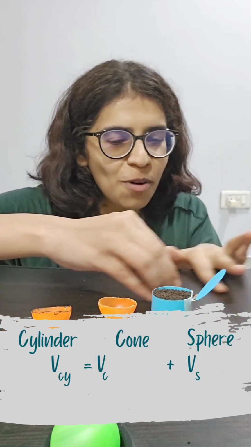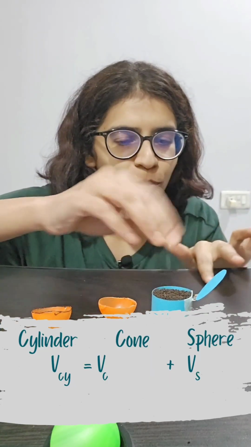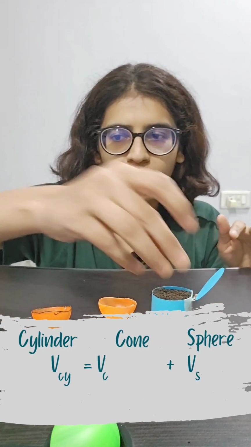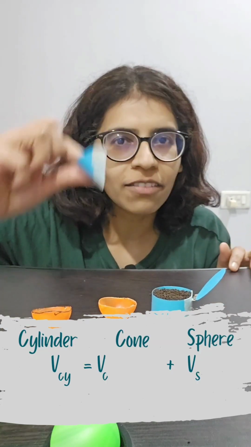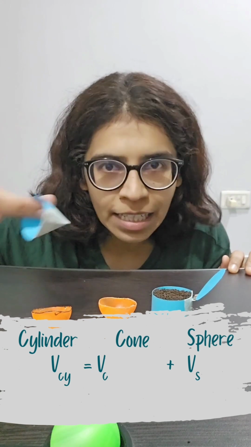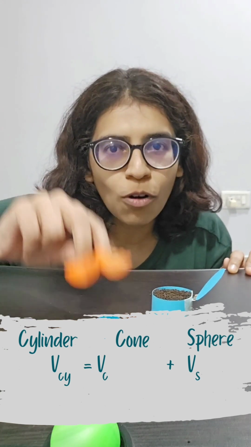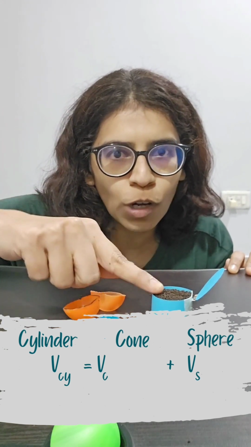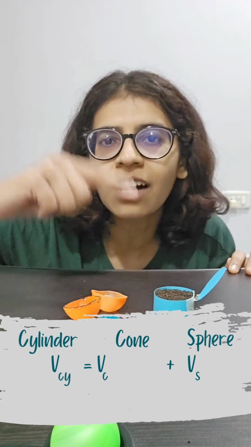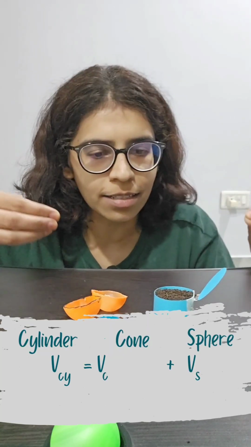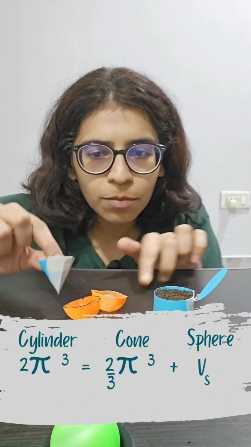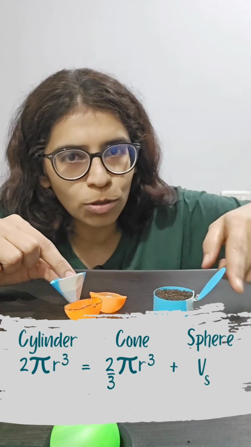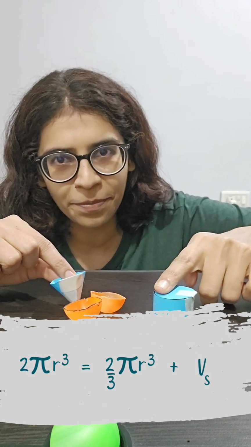So volume of the cone plus volume of the hemisphere. Volume of this cone having height twice its radius plus volume of this sphere is equal to the volume of the cylinder, which again has the height which is twice its radius. So if you add up the volumes of these two shapes, it is equal to the volume of this cylinder.